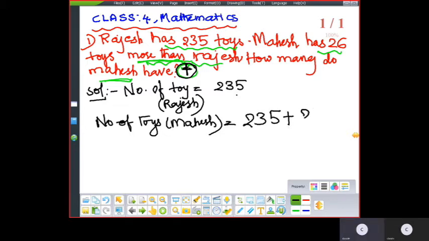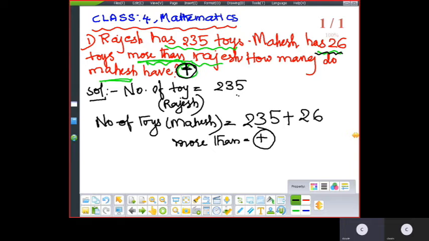More means what? Addition. Here the keyword is "more than": 26 toys more than Rajesh. More than means you will do addition. Okay?